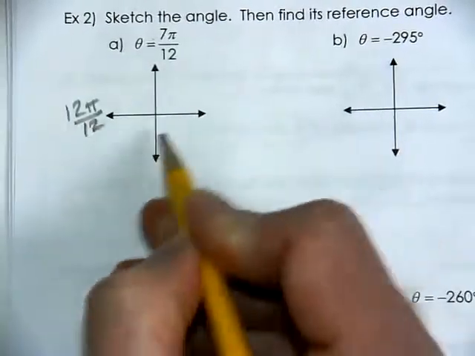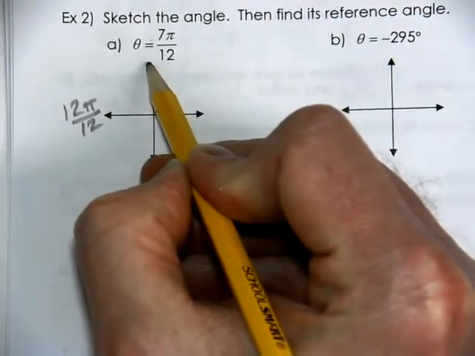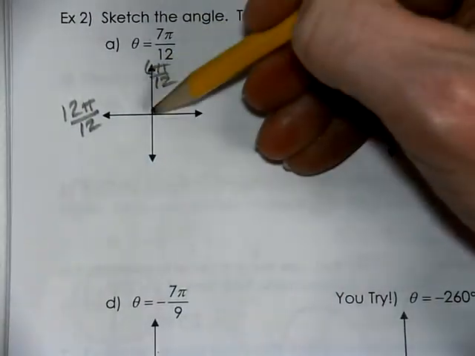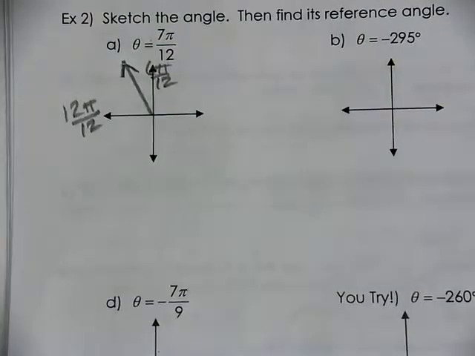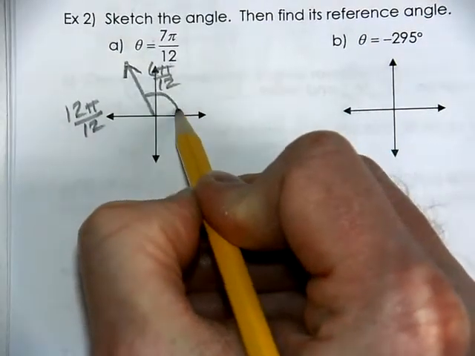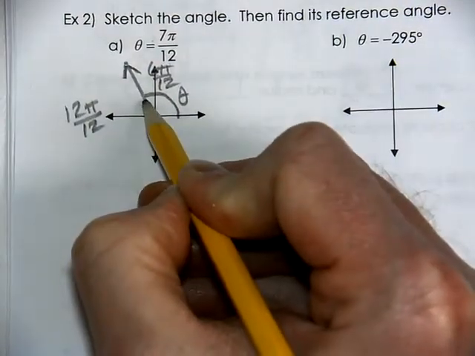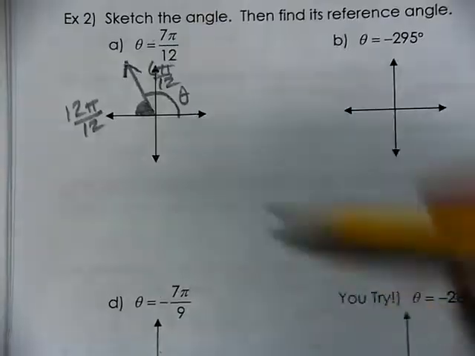That's what it would take to come over to what you might call the 180. Half a pi is going to be 6 pi over 12. So 7 pi over 12 will be a bit past 6 pi over 12, which is half a pi. So that's your theta. Now we're looking for this reference angle, and that's the angle that's formed right here.